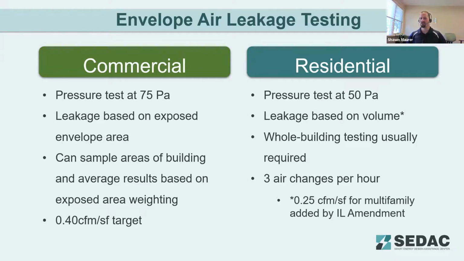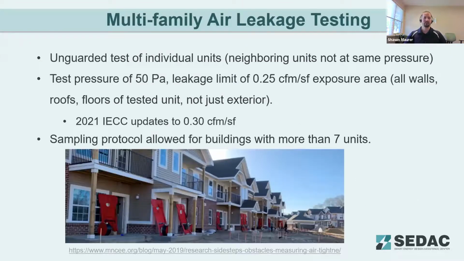It's what's known as an unguarded blower door test, so your neighboring units don't have to be pressurized or depressurized, depending how you're running your test. That test pressure is at 50 pascals. The leakage limit, again, is 1/4 of a CFM per square foot of exposure area, so it's all sides of that enclosure.